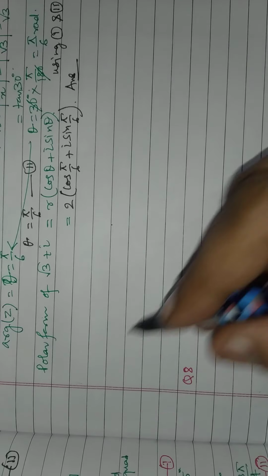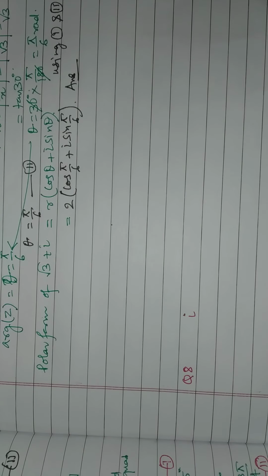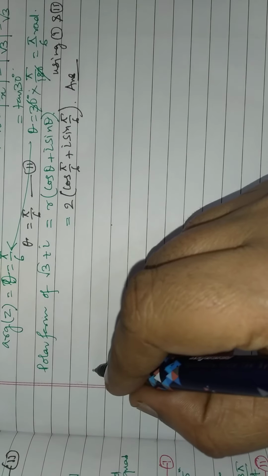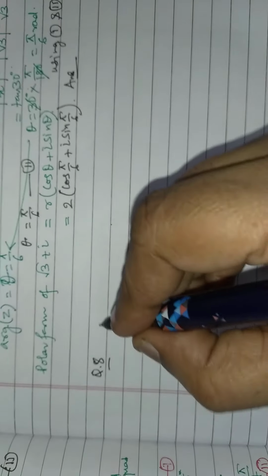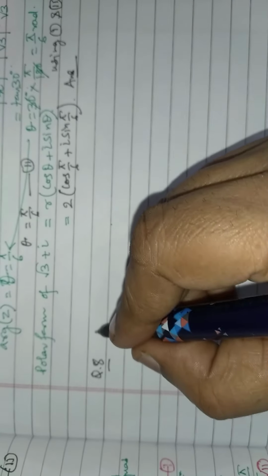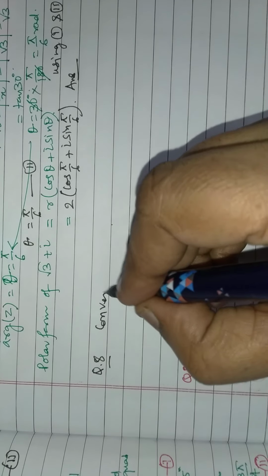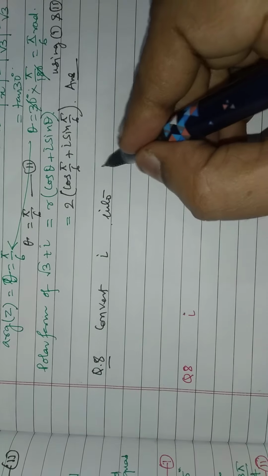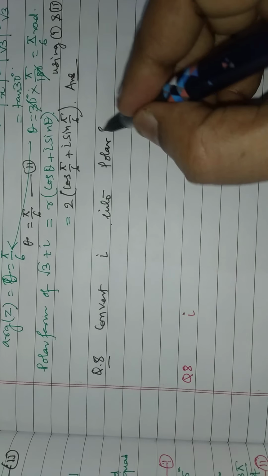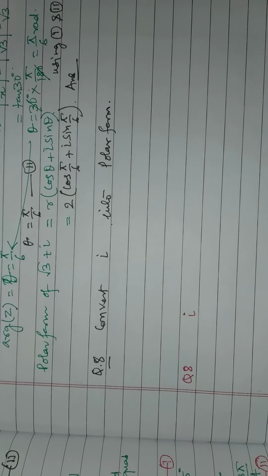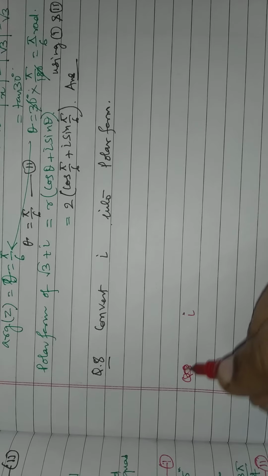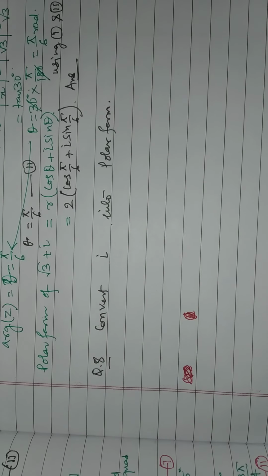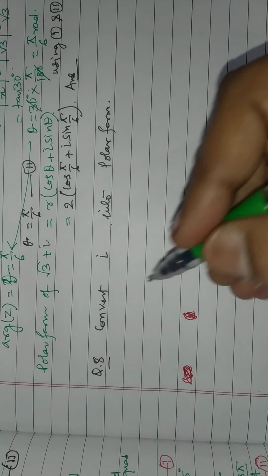And now in question number 8, we will have to find the polar form. Question number 8 says convert i into polar form. So this is the question.